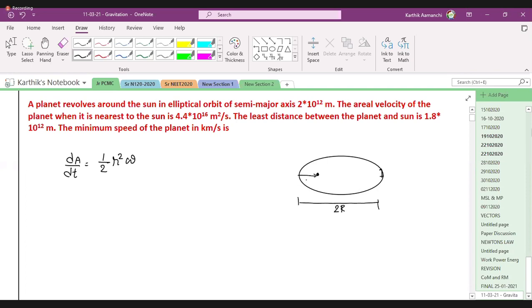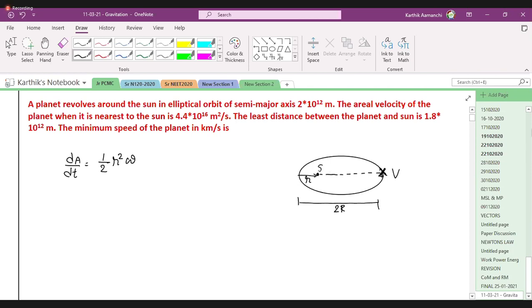From here to here it will be smaller, right? Yes, sir. This is the distance between the planet and the sun, so small r is given. The minimum speed of the planet, where will it be? Apogee. So here you have to find the speed of your planet at this point.